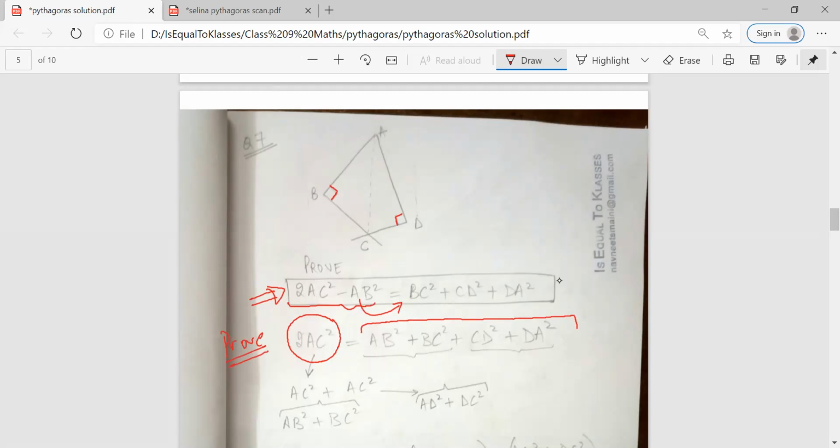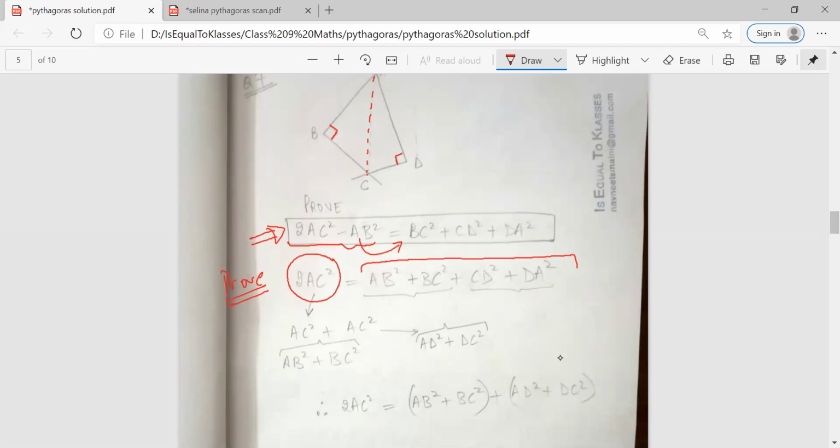Okay. Then twice of AC square. When I see twice of AC square, the first thing that should come in my mind is that I can break this into AC square plus AC square. Why? Because this AC square I can write as AB square plus BC square, and this side of the AC square I can write as AD square plus DC square. Any doubt? No, sir.